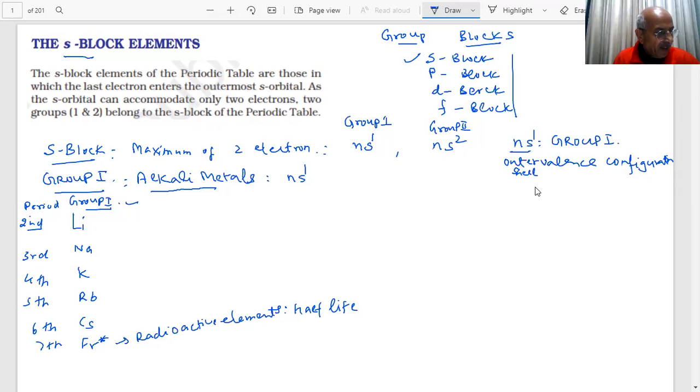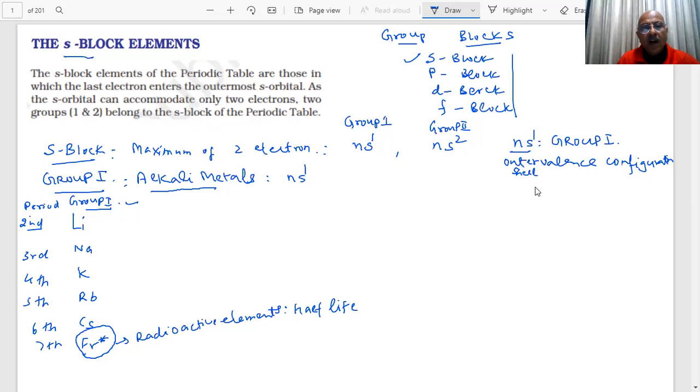These reactions take place in nuclear reactors, and we do not have much information about this. That is why I said it is radioactive. Even the occurrence in the lithosphere is very, very small, 10 to the power minus 18, showing that they are present in such a small amount.